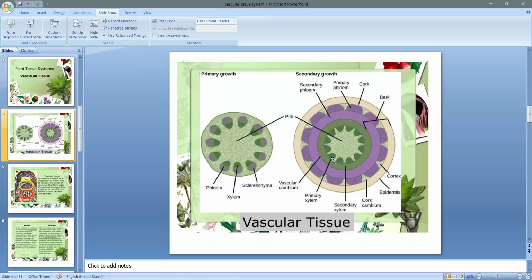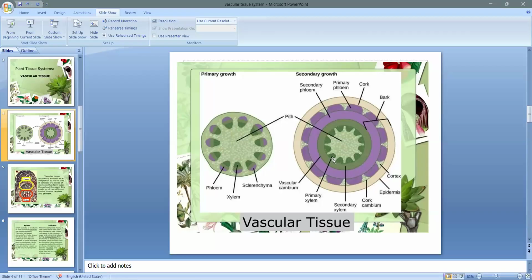Okay, so the primary plant body having the xylem is called protoxylem. After the later stage of growth, the xylem elements developed in the stem or root are called metaxylem.